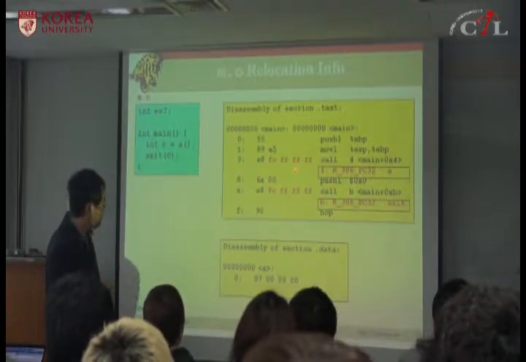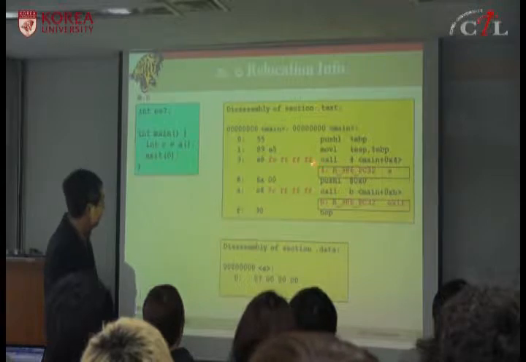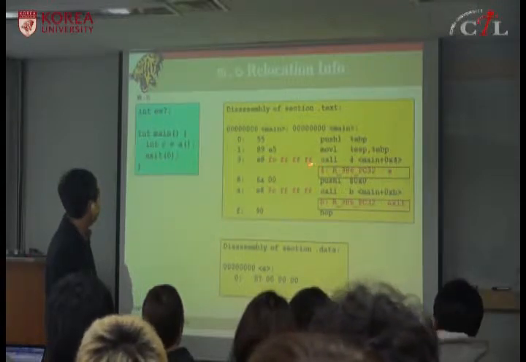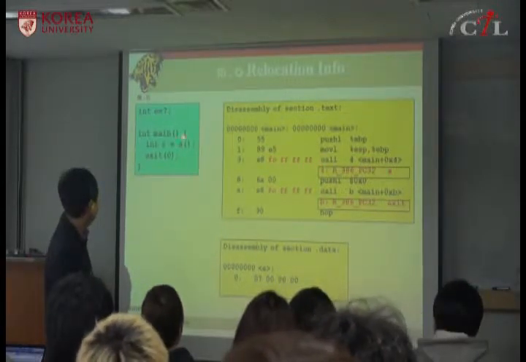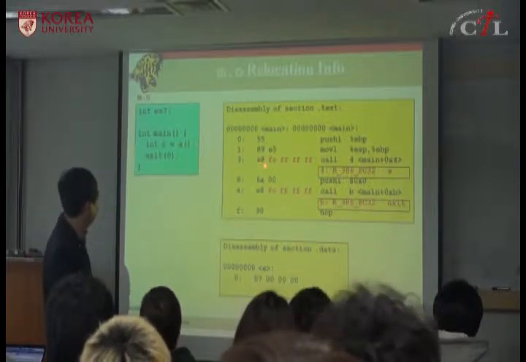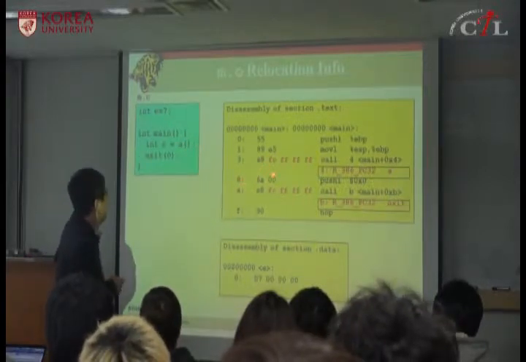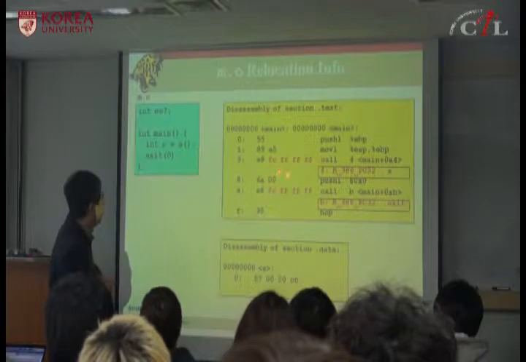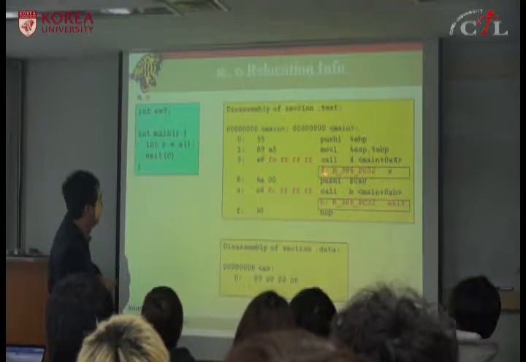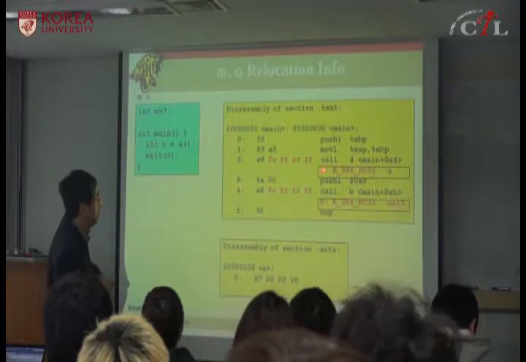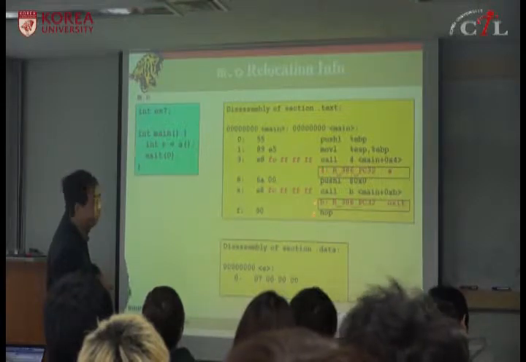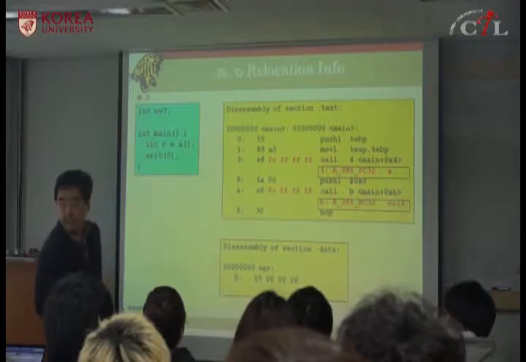To execute this function, it is calling function A. So it calls function A, and this is the relocation information. It says this address starts at address 4 of this text segment, and it uses PC relative addressing.